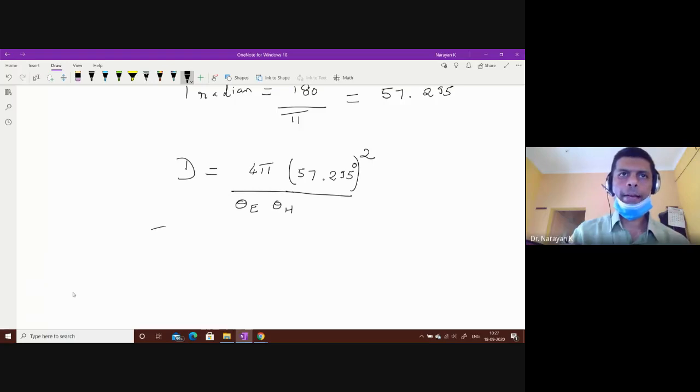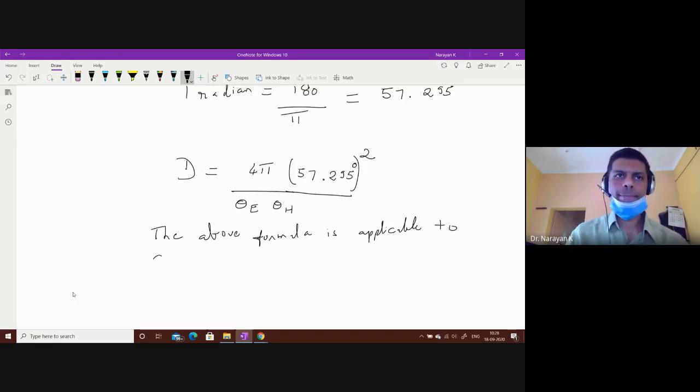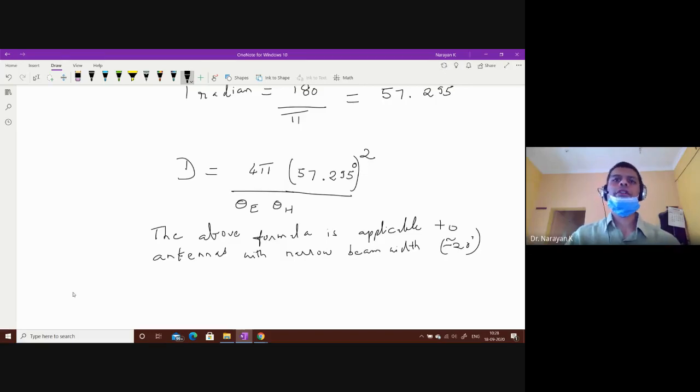The above formula is applicable to antennas with narrow beam width, about 20 degrees approximately.